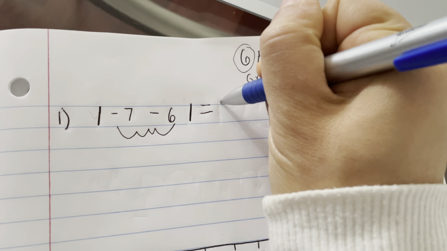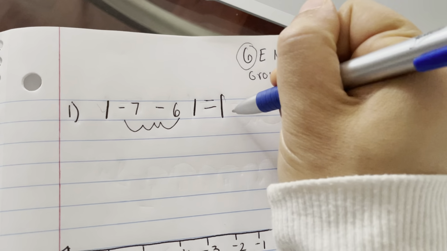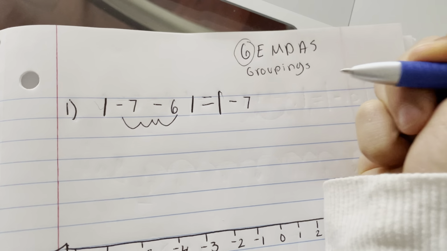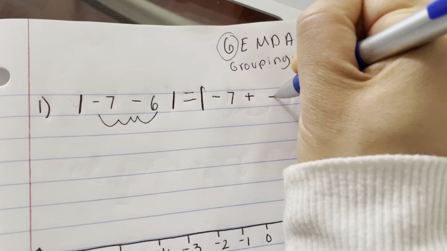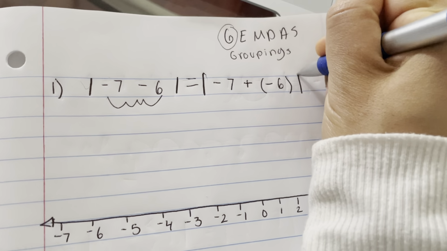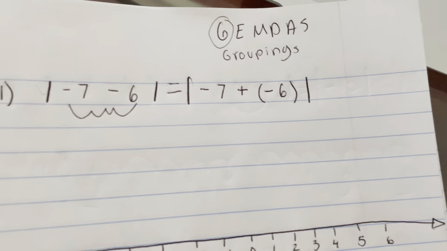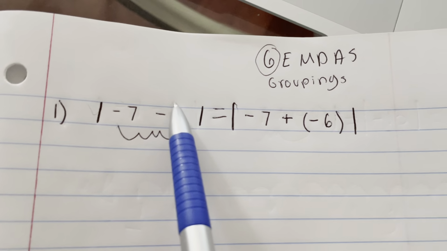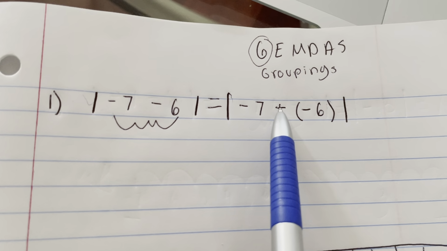So what I'm going to do is rewrite this as addition, just to show you, because a lot of you guys were making this mistake. This would be the same as -7 plus -6. You don't have to, but if you wanted, it might help you find your answer. And remember, you're losing 6 here, which means it cannot just be +6.